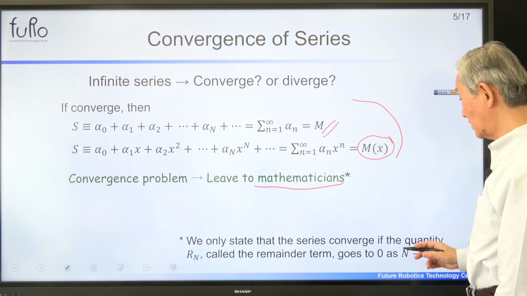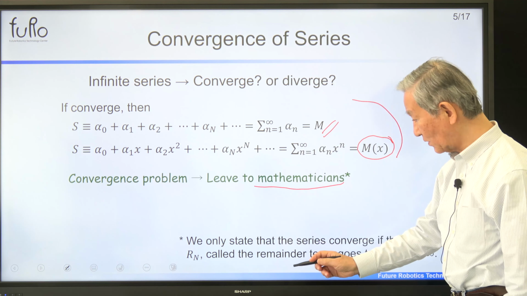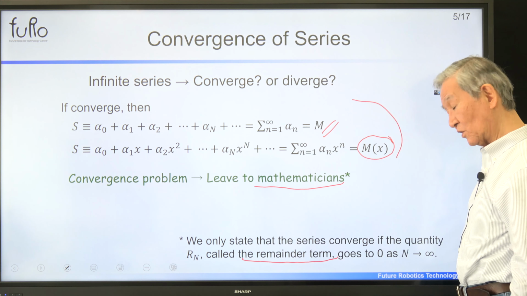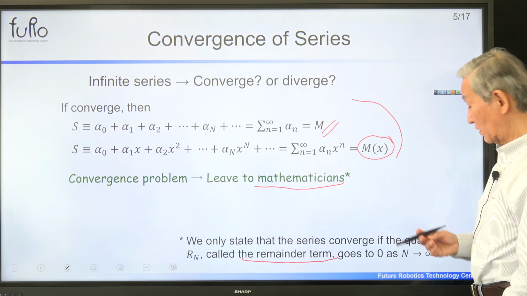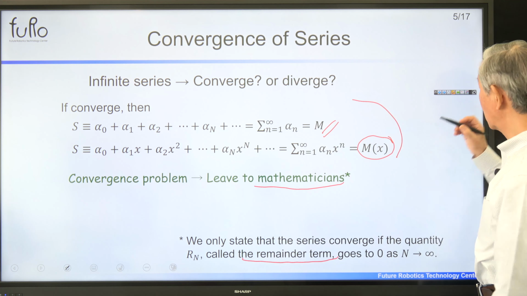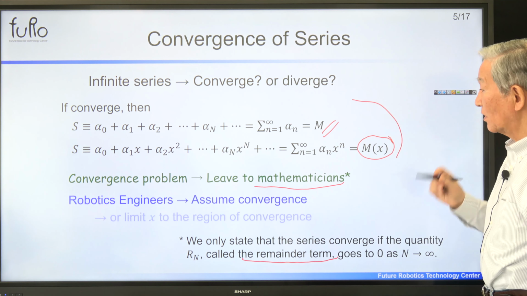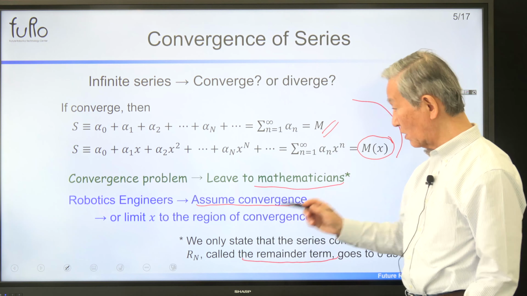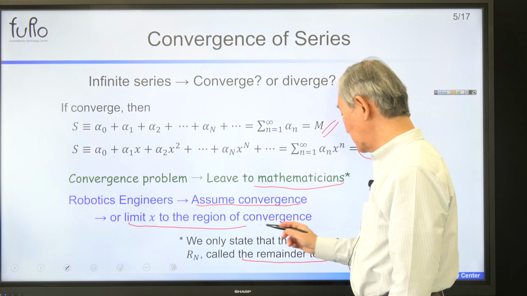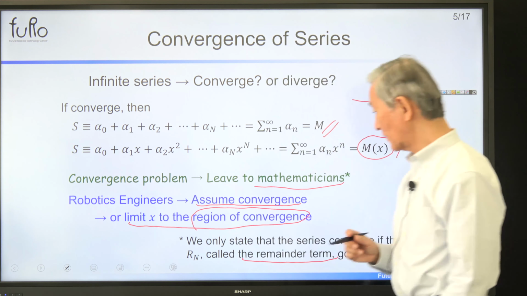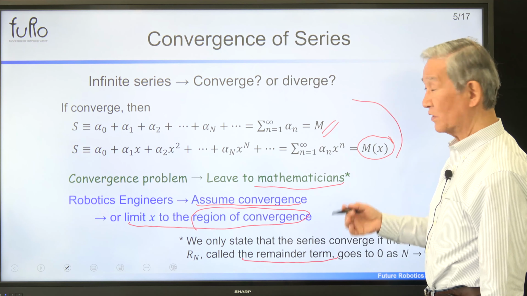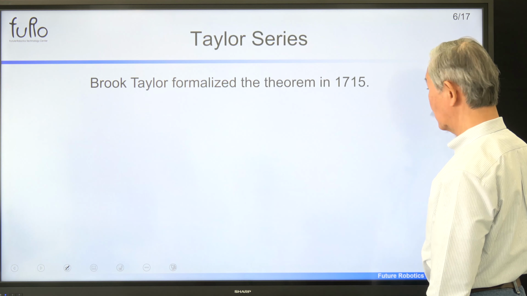We only say that the series converges if the quantity called the remainder term goes to 0 as n goes to infinity, but that's just about it. So for us engineers, we assume convergence or limit x to the region of convergence. Region of convergence. Okay, so therefore, we can always assume that the series converges.